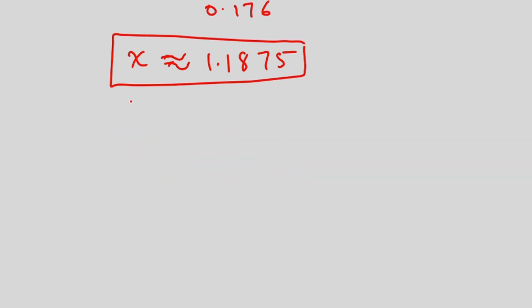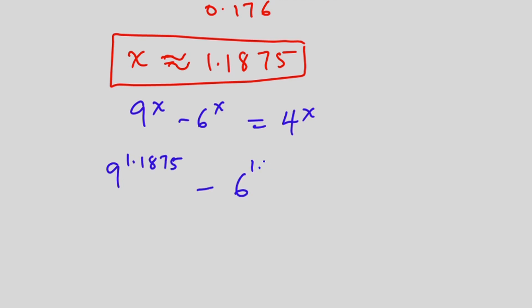From the question, we are given 9^x minus 6^x is equal to 4^x. So we're going to have 9^1.1875 minus 6^1.1875 is equal to 4^1.1875.